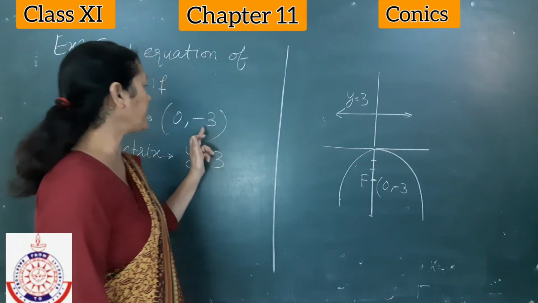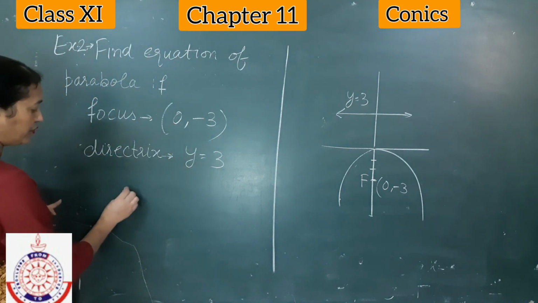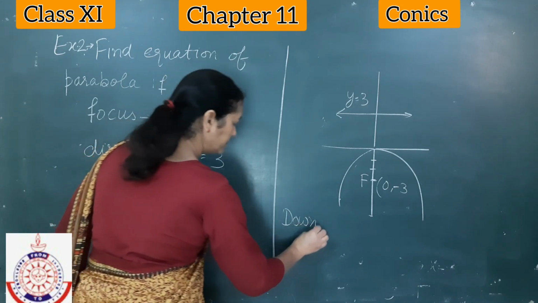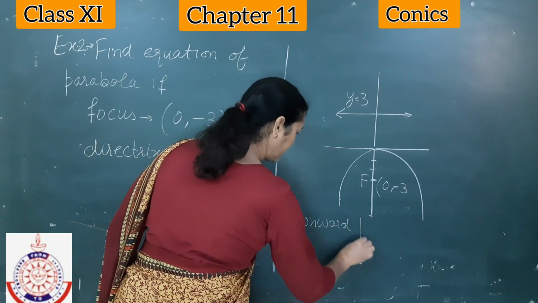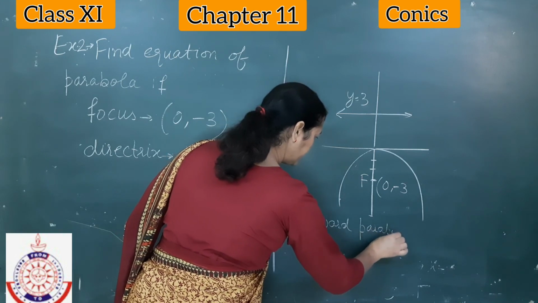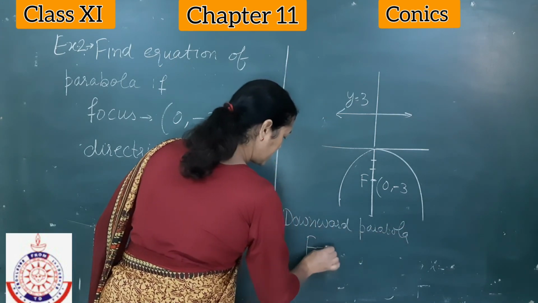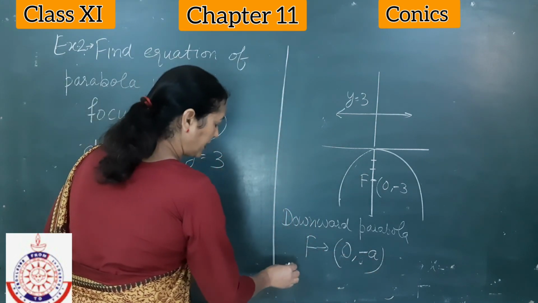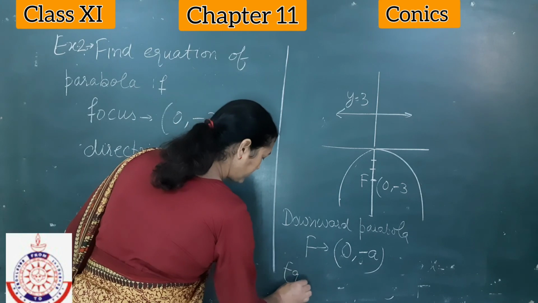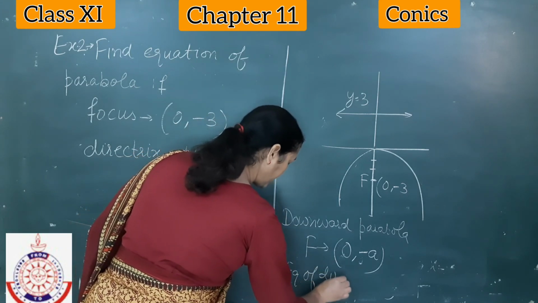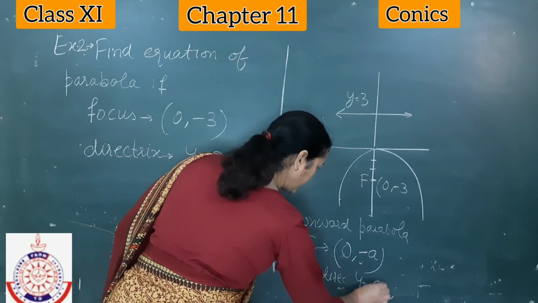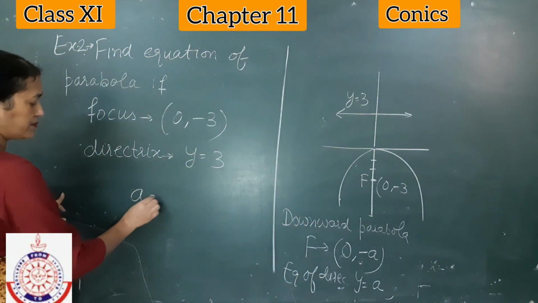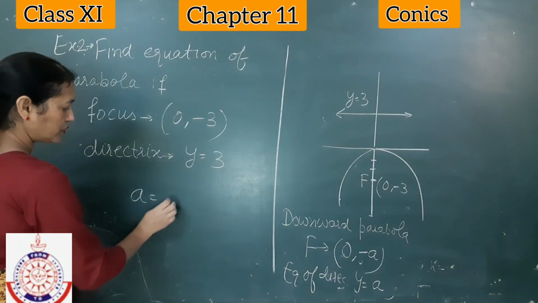What is the value of a coming? We know in case of a downward parabola, focus is (0, -a), and equation of directrix is y equals a. That means a comes out to be 3.